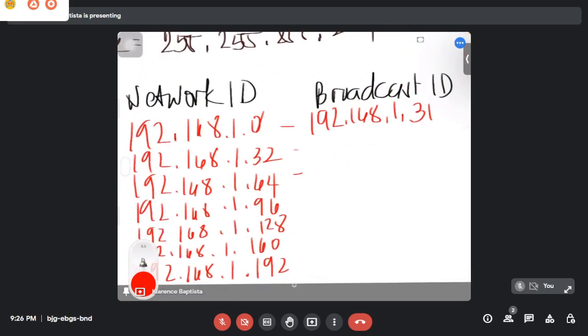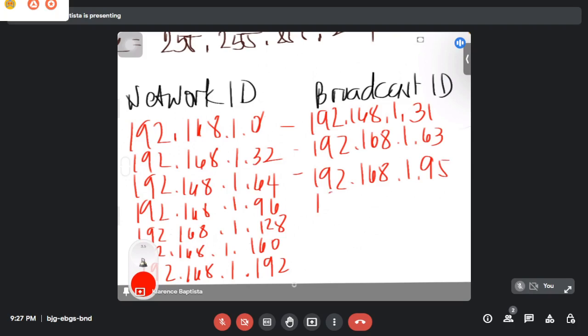So, syempre, yung range nito, it's 192.168.1.63 kasi 64 na yung next. We have 192.168.1.95. Di ba? We also have 192.168.1.127.